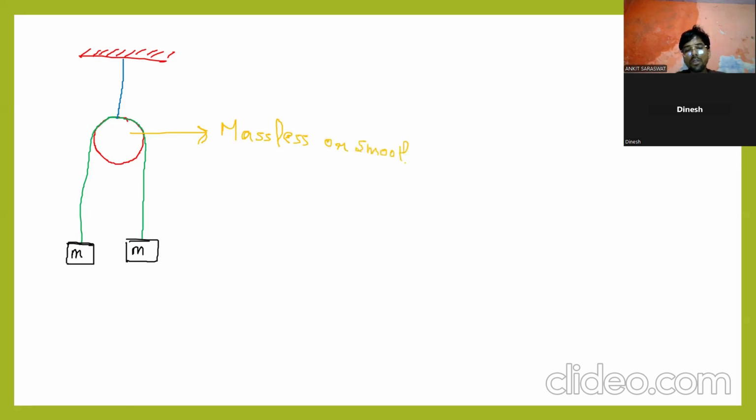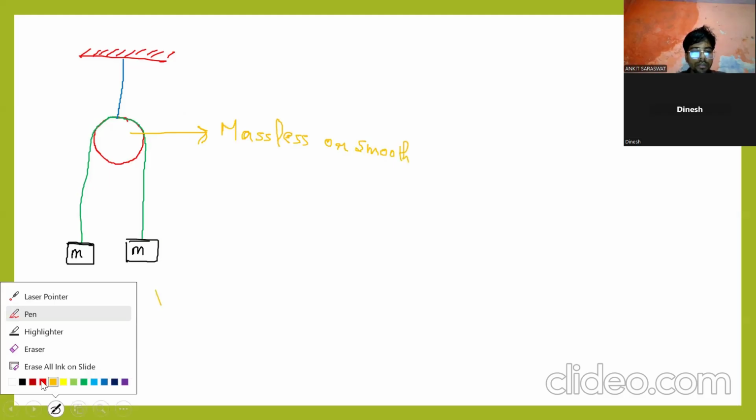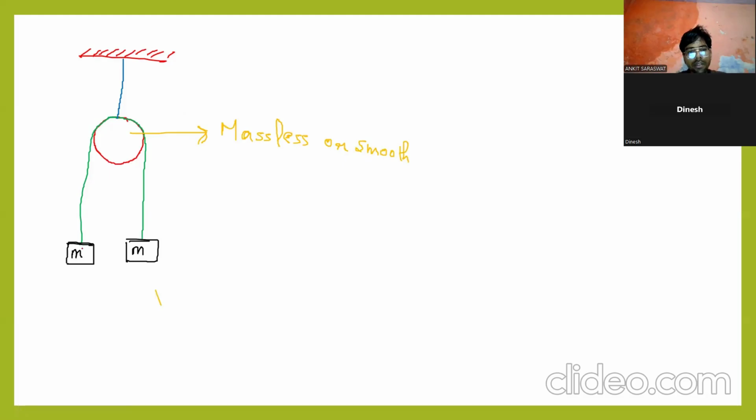Understood? Now, if this condition is valid, then the two blocks are connected by the same string, so here tension T, here tension T. Clear? This is the starting end, from here this is the ending, and this is the length of the string on the pulley.